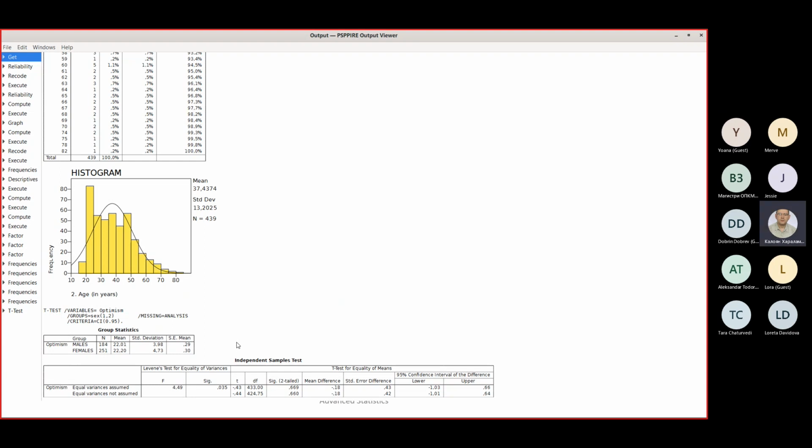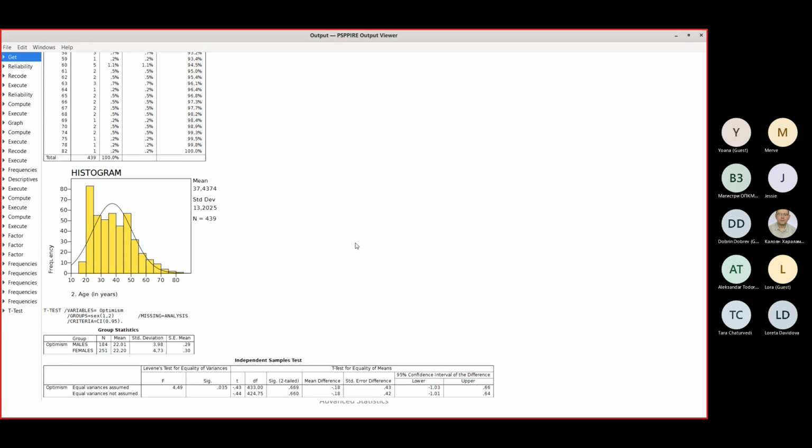So how do we make a decision? To make a decision, we use the so-called significance level. Significance level in SPSS and in PSPP is denoted by Sig. Here you can see Sig. Sig is the significance level.